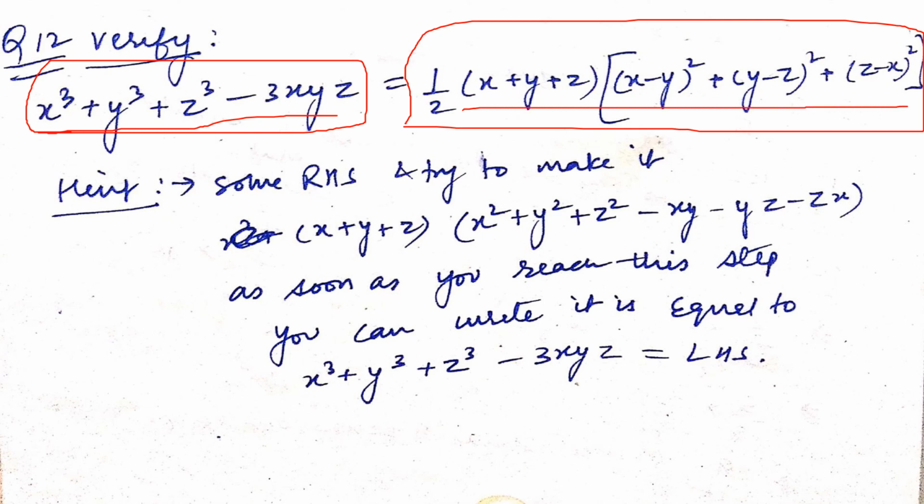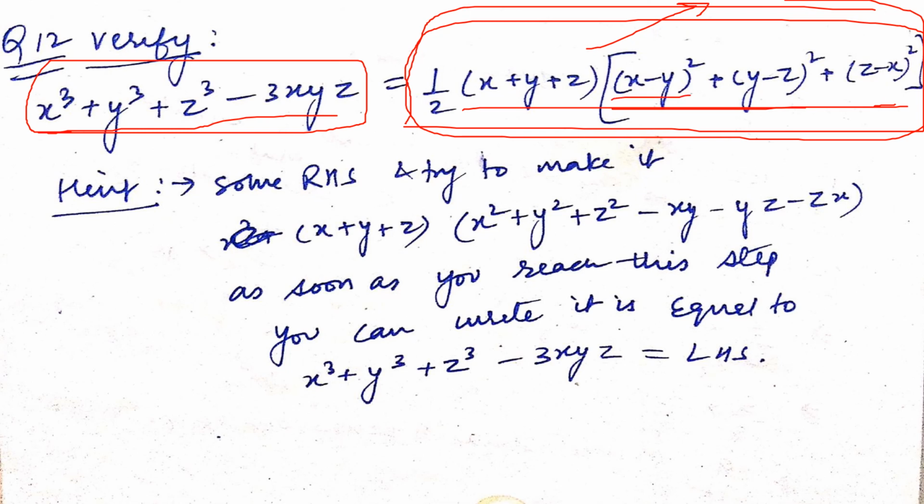So to check, we have to solve this right hand side. Very easy it is. First solve this bracket, the square one. Open these whole squares and try to rearrange them in such a way that you get the original formula. As soon as you get the original formula, you can say right hand side is same as left hand side. I'm again telling you, this looks a little bit complex, but it is very easy if you just go step by step.